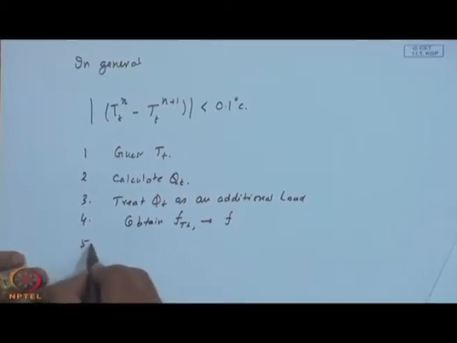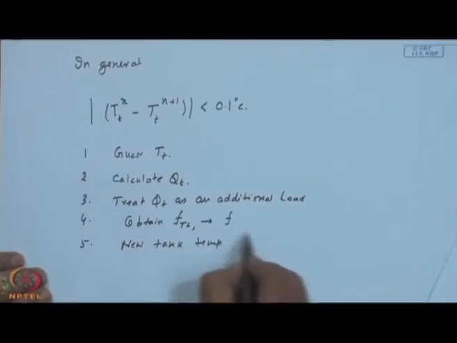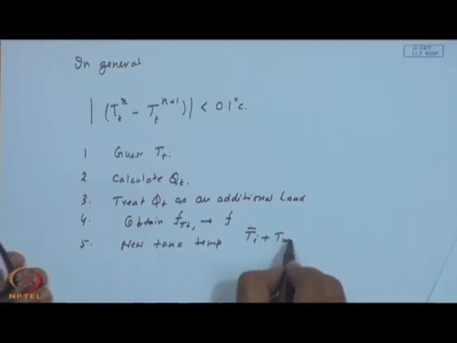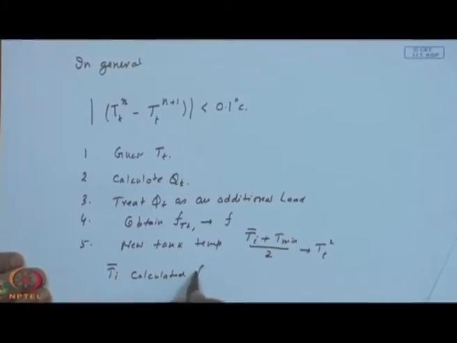And five, new tank temperature is T I bar plus T minimum by 2, which may be your T tank 2. T I bar is calculated from phi bar equal to F T L by Y.